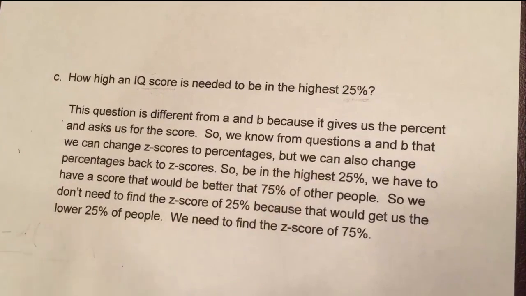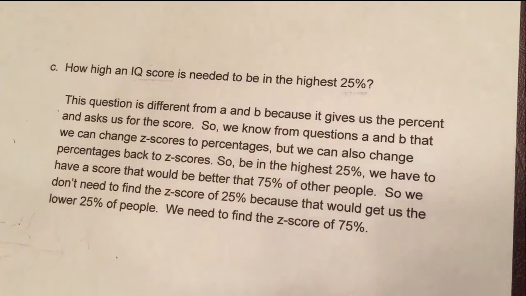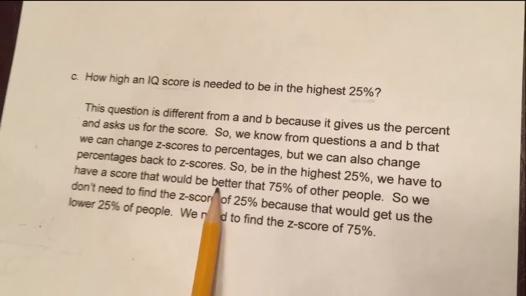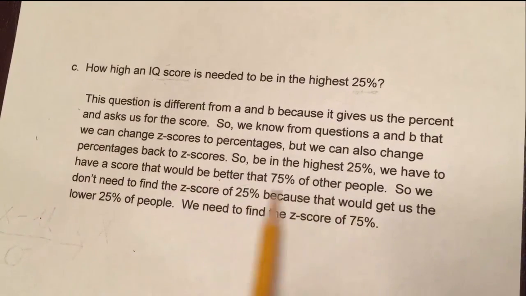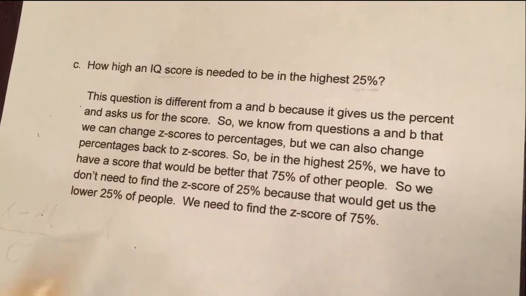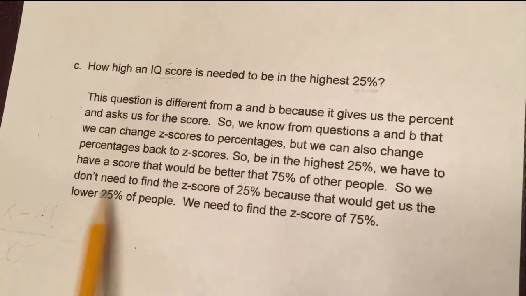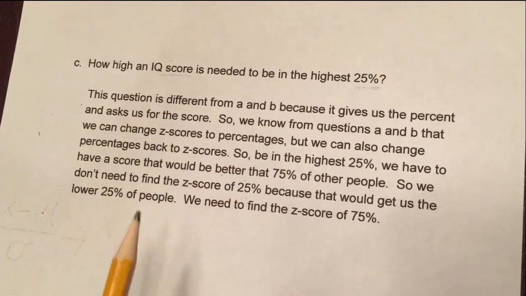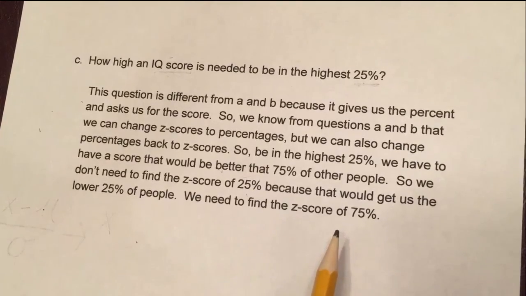So to be in the highest 25%, that means we have to be better than 75% of other people. And thus, we don't need to find the z-score of 25%, but we need to find the z-score of 75%.